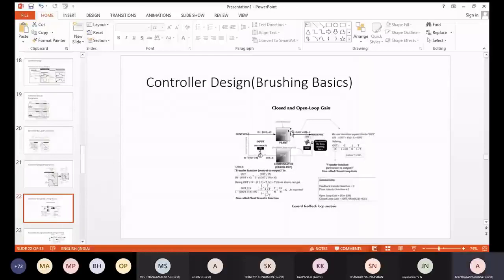In our case the buck converter is part of the loop, so the transfer function of the plant, then the compensator with its transfer function. If you multiply all these together, the resulting product is what is called the loop gain. Let us not go into detail. Finally, our lesson is that the loop gain should be as high as possible, so whatever you design, the controller should have the highest loop gain.